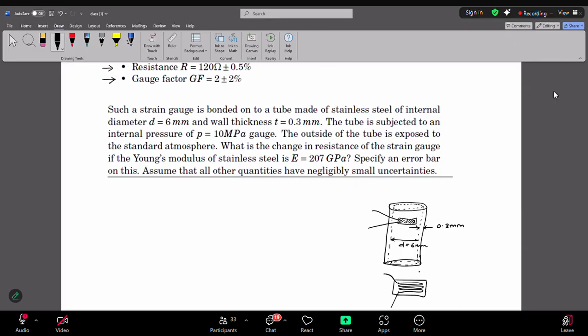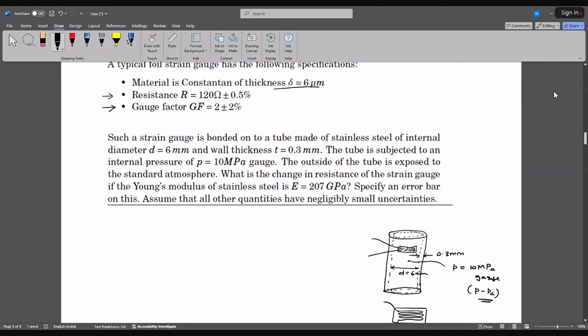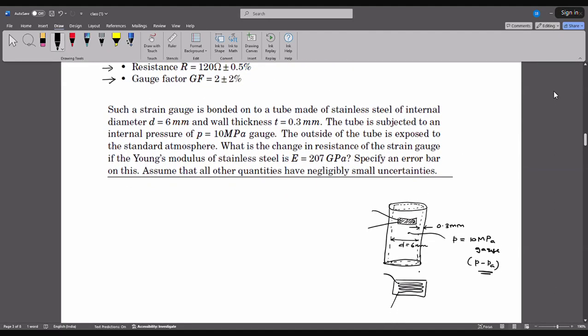So this tube is subjected to a pressure, internal pressure P is 10 megapascal gauge. That means it is with respect to the atmosphere, P minus PA. And it is stainless steel, and you have the elasticity that is given.